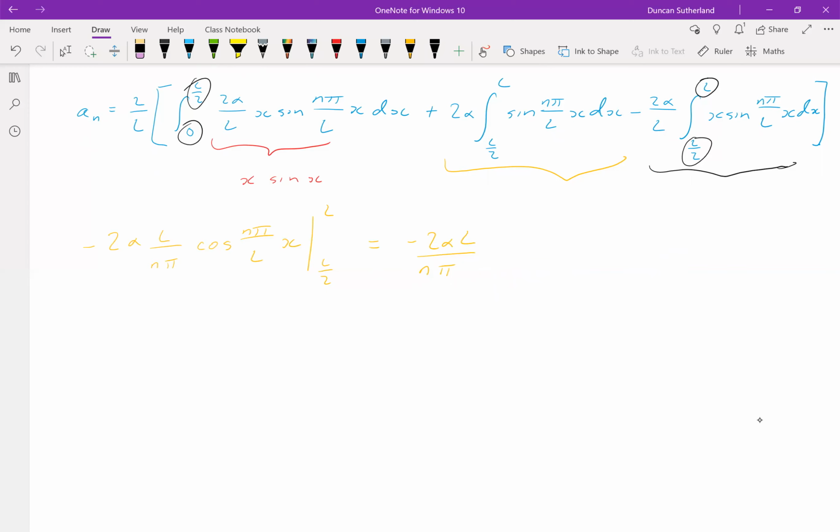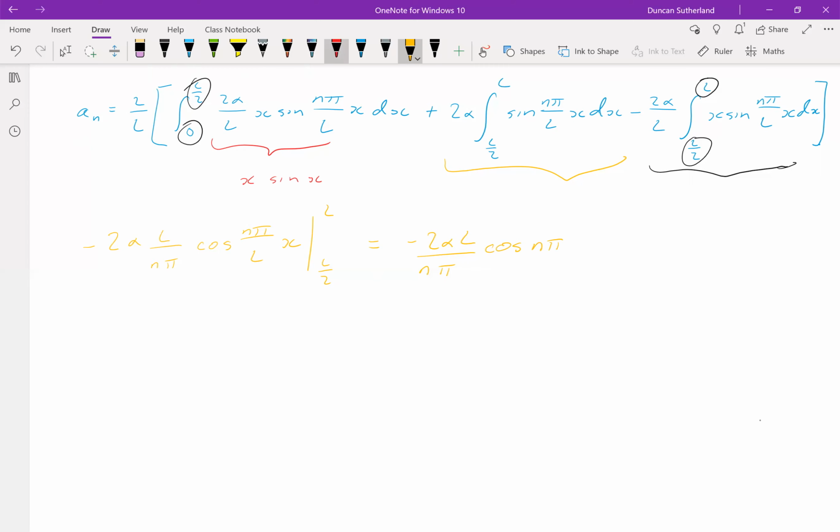That's a mistake. That's either plus or minus 1, so let's just keep this as cosine n pi, like that. The bottom one's still 0 because cos of n pi on 2 is 0.